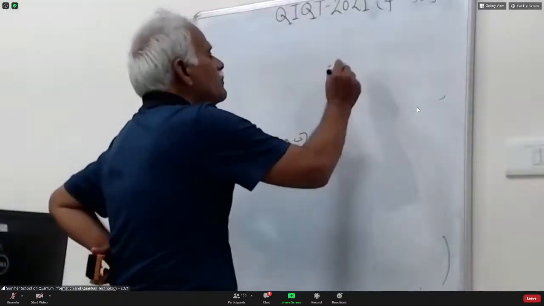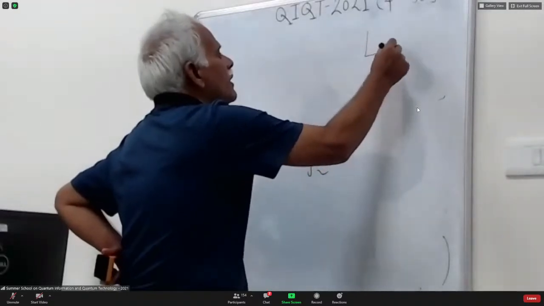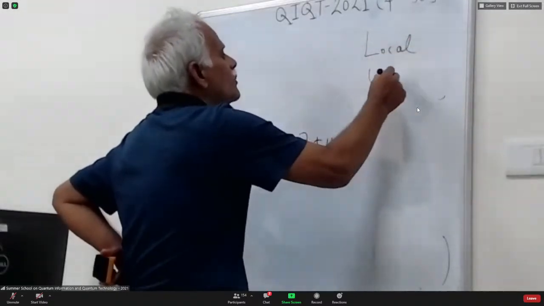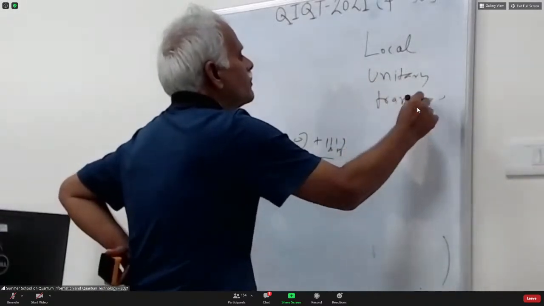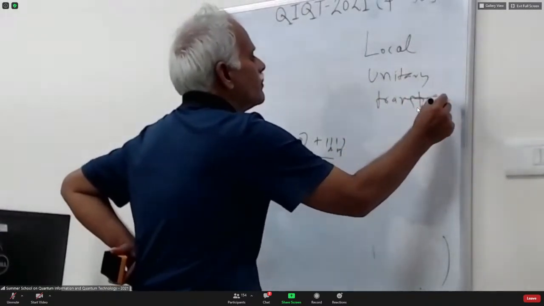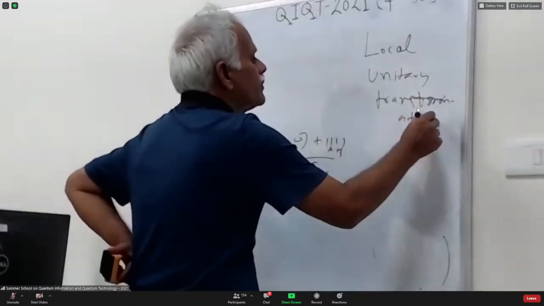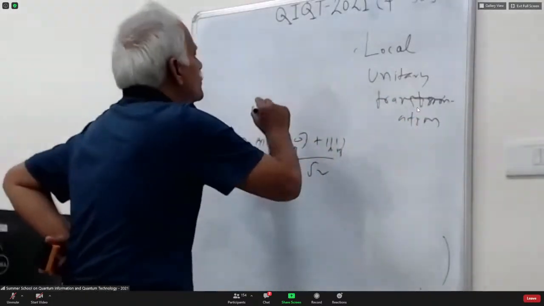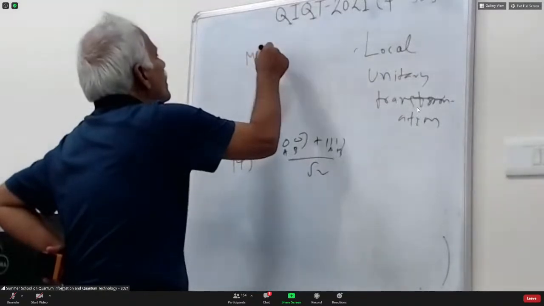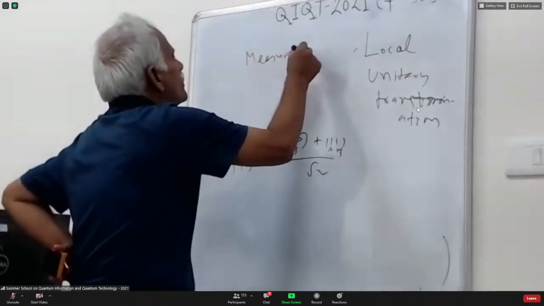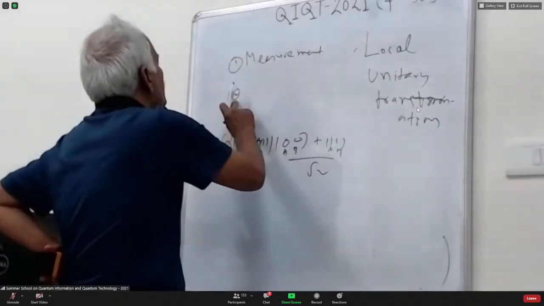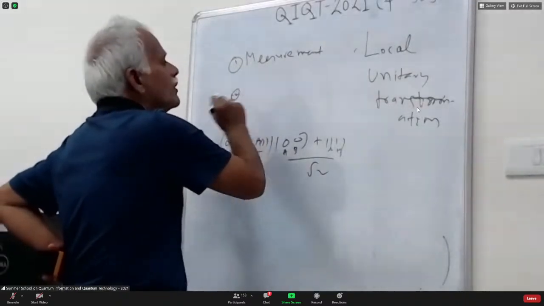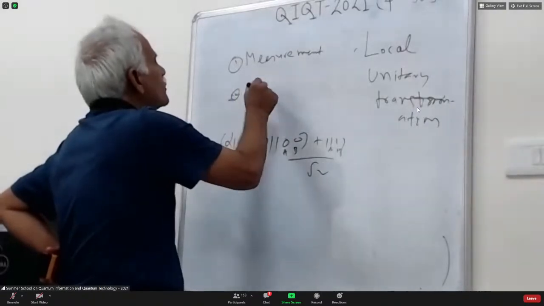So the steps involved: first will be measurement, second will be classical communication.